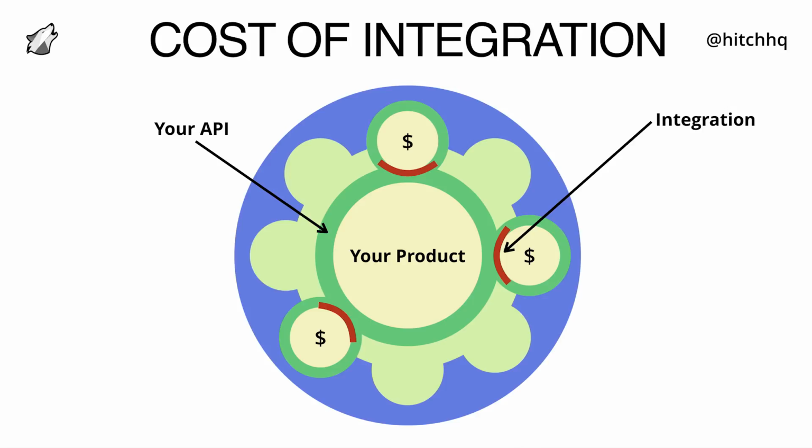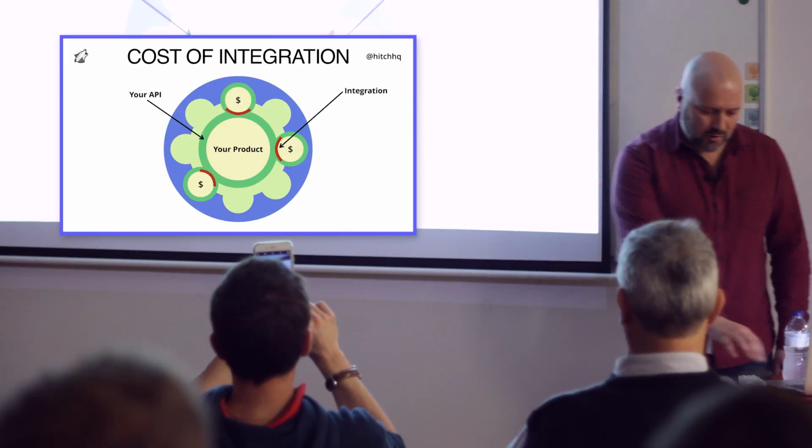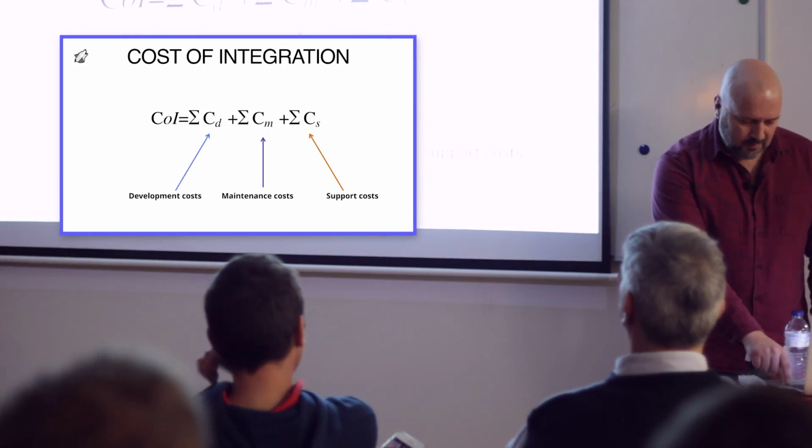Because after the integration takes place, suddenly your product and your audience will expand a little further. So those users hopefully will become customers, and some of them will need help somehow. So that's also one cost that needs to be accounted for.